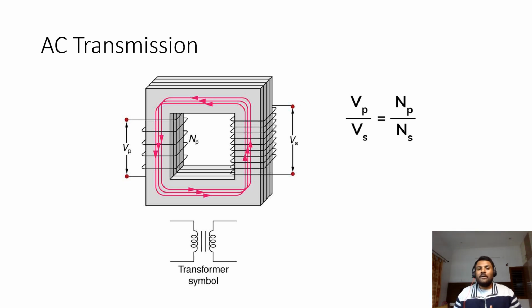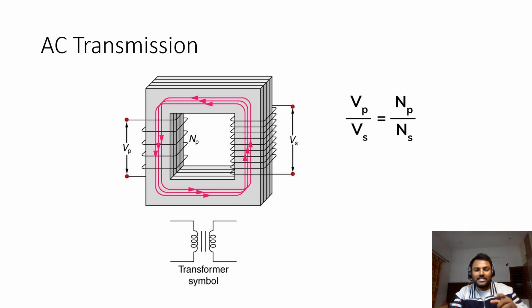So from the power generator to homes, offices, or even much longer distances, they use big transformers in between, so that they can step up the voltage, and at the end point, in the villages and cities, they can step it down. This is the concept of the AC transmission line.